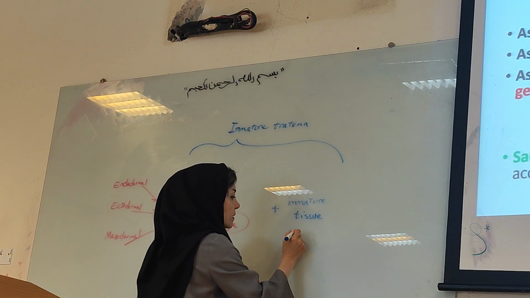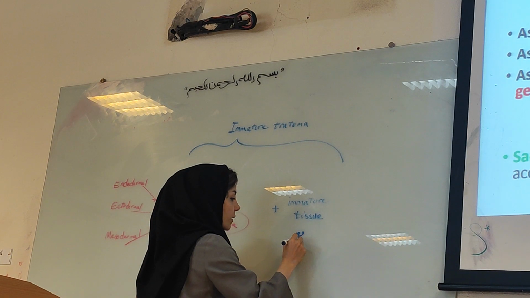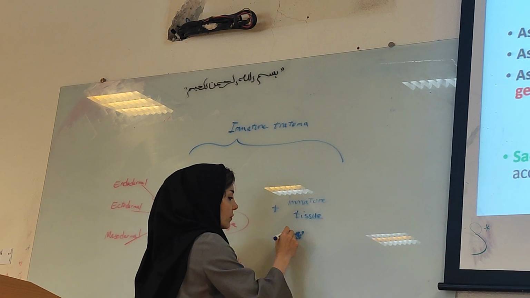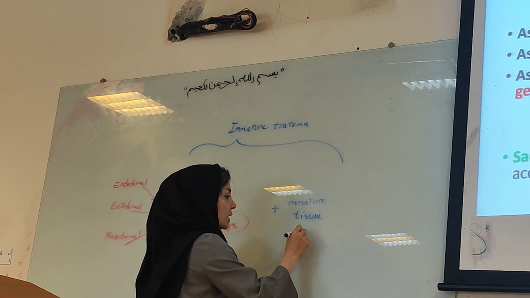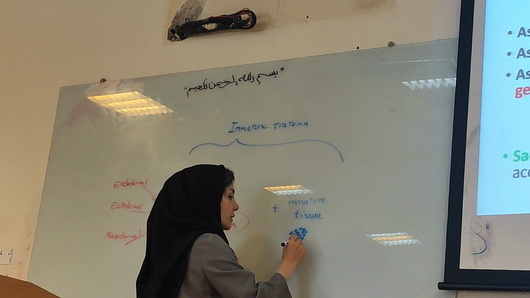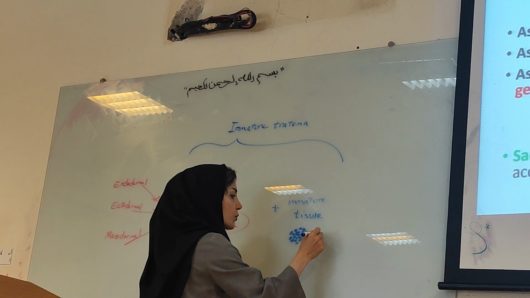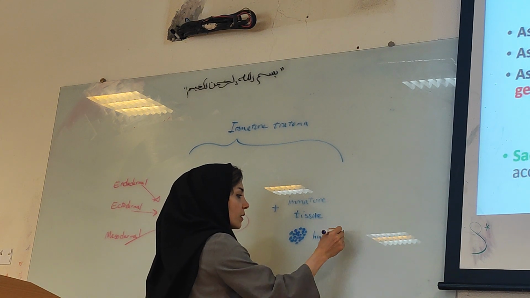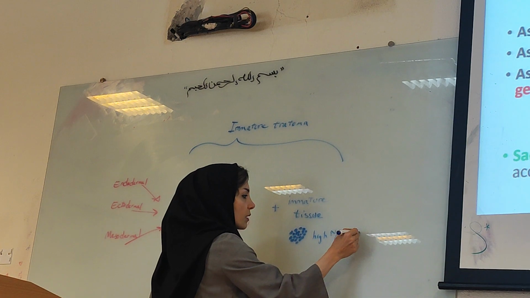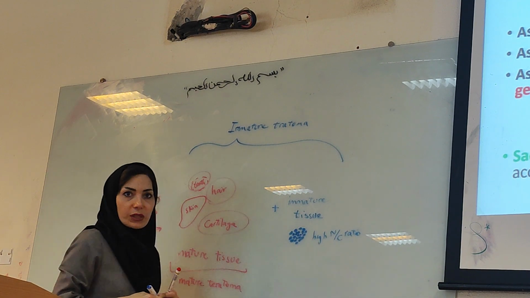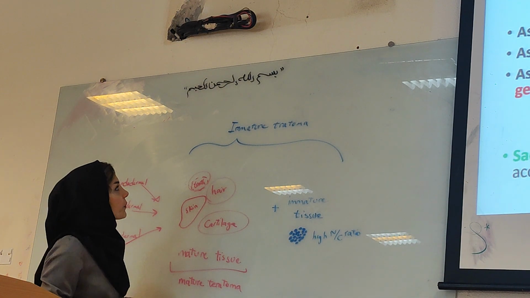Immature components, they seem like undifferentiated tumoral cells with high N/C ratio, with unknown origin. Okay?